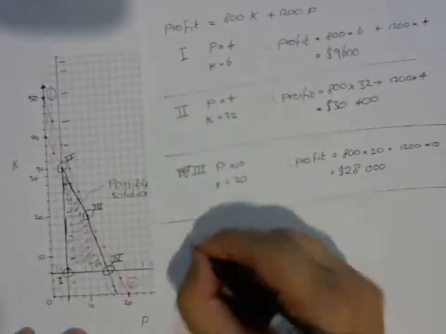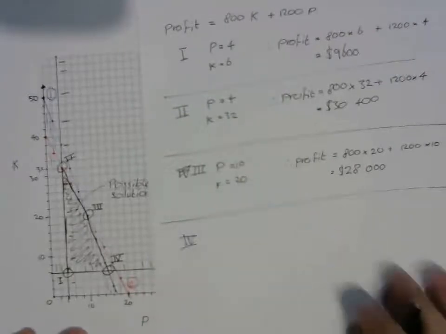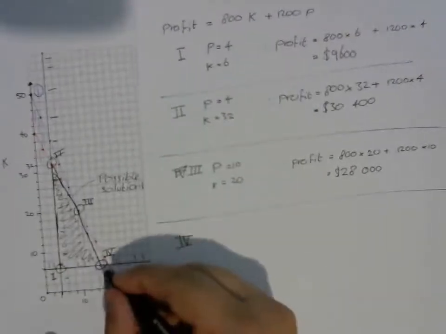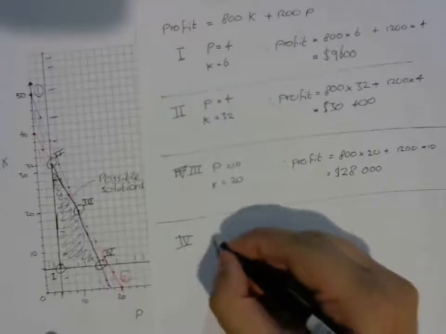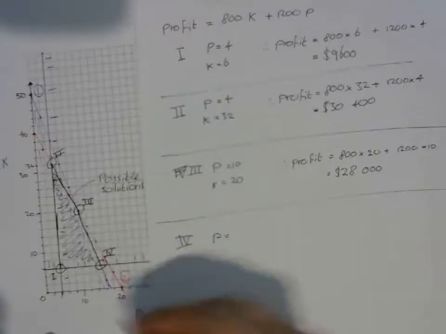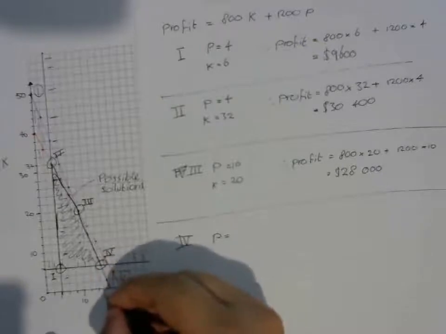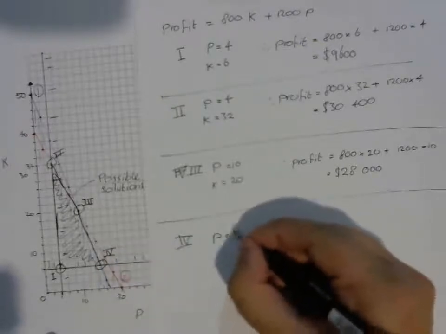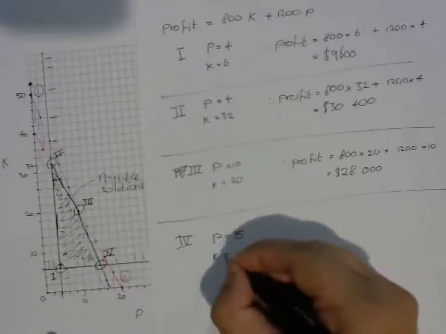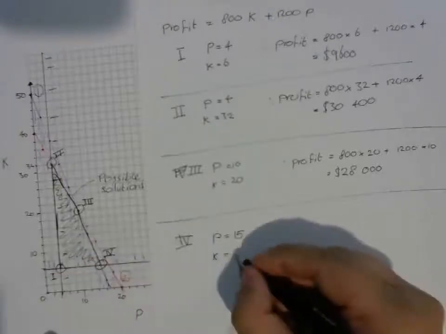And my last point, point number 4, is down the bottom corner here, where P is equal to 10, 12, 14, 16, halfway is 15, P is 15, and K is equal to 6.